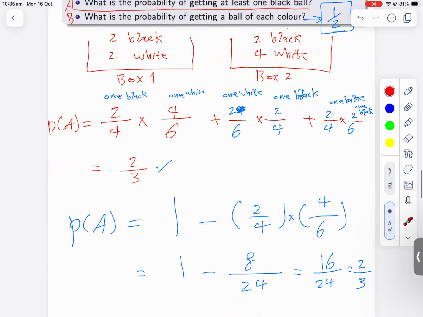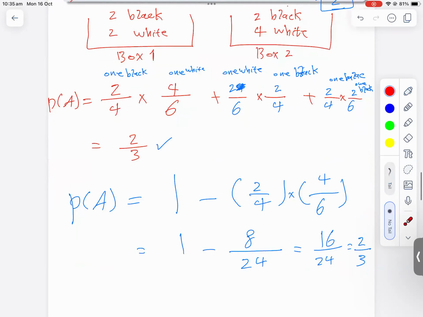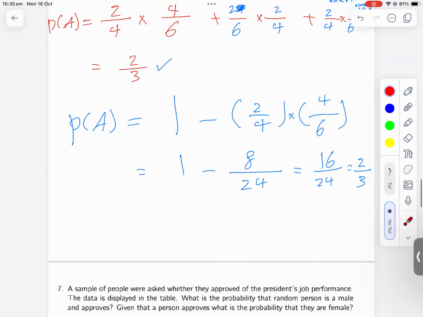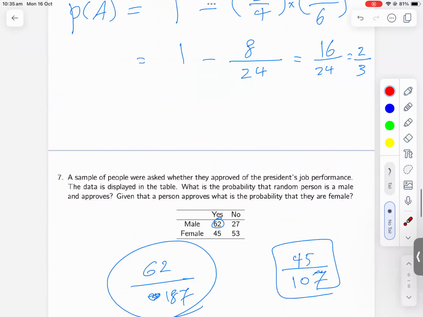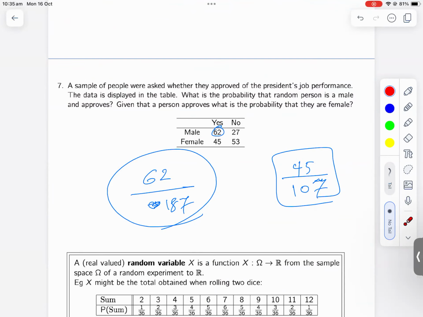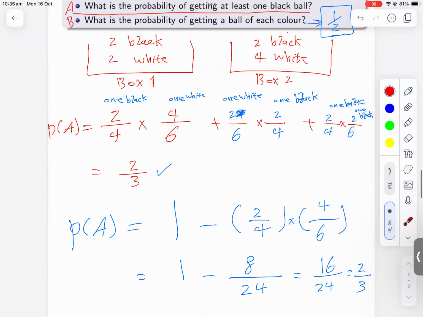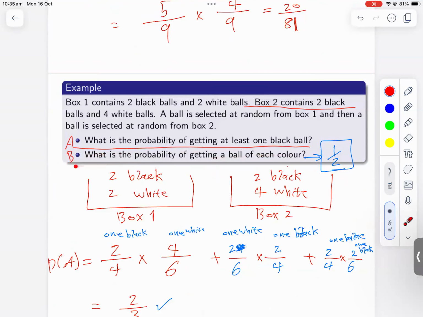So 1 minus the complement of at least one black, and we will get the same answer as here. By the way, I leave this part to you, and the answer is 1/2.